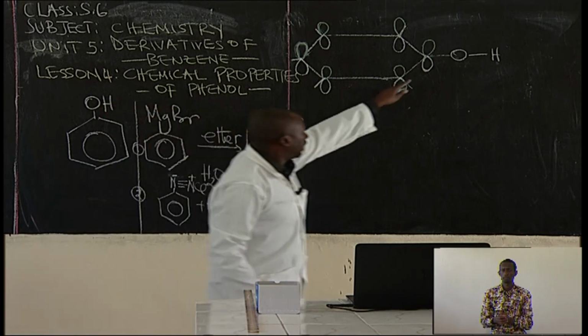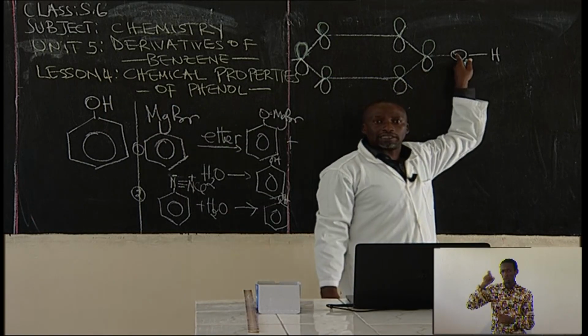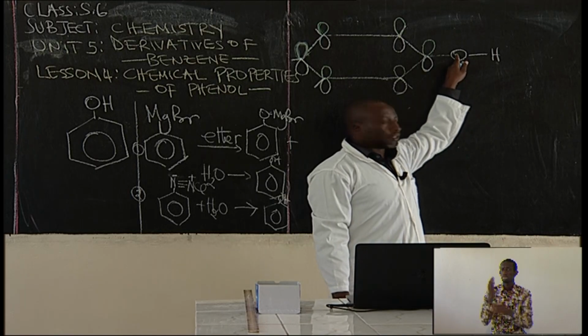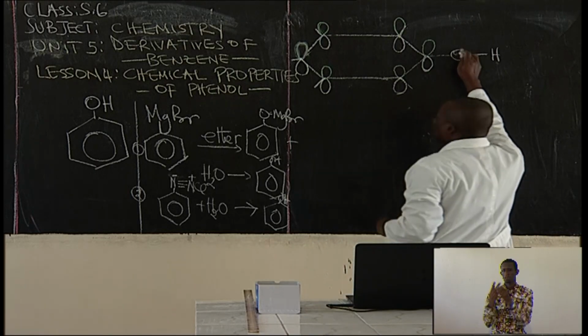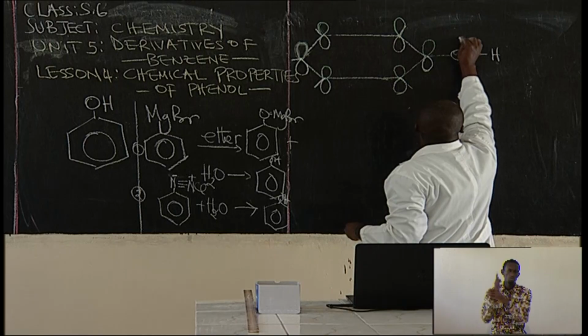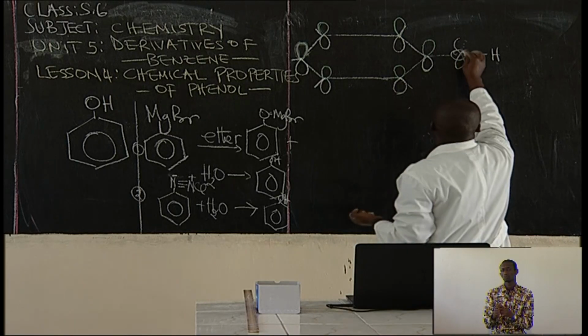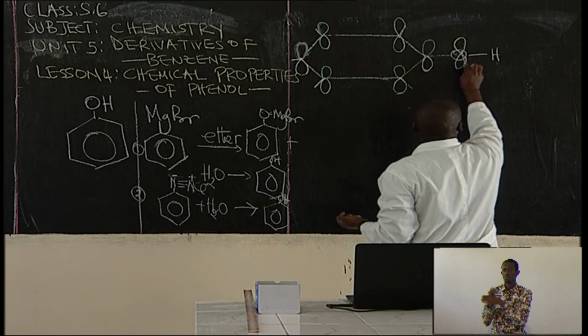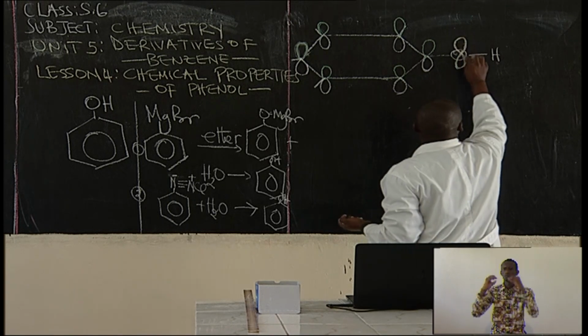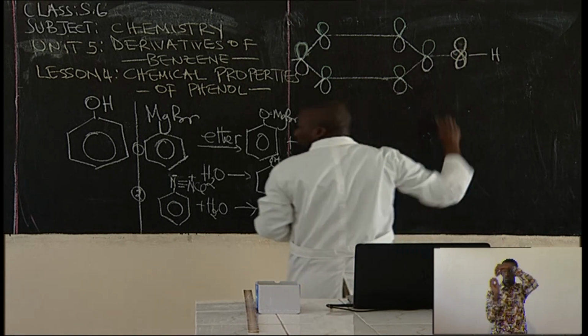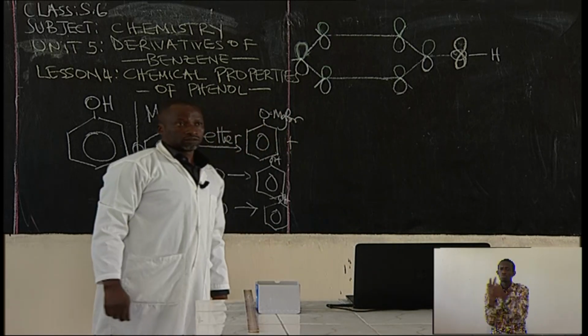So the oxygen here has got the lone pairs. So you'll see the lone pairs here. They are also in the p orbital. These are oxygen with the lone pairs. So there are some lone pairs over there.